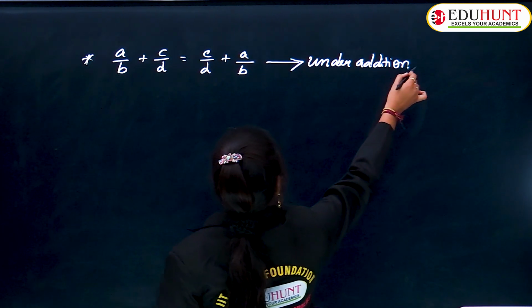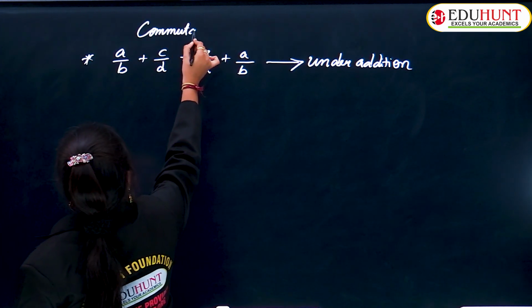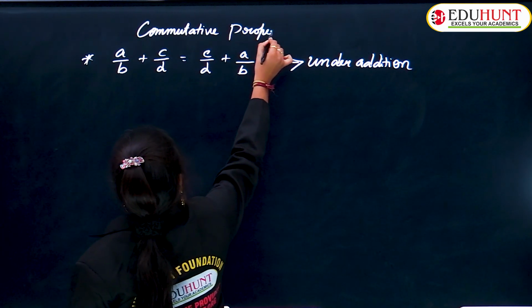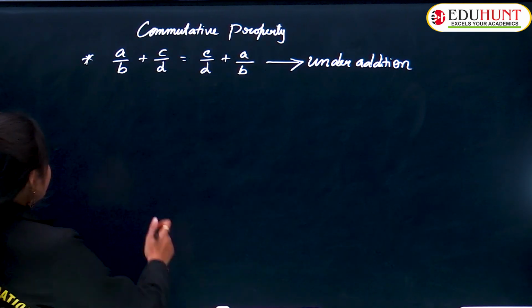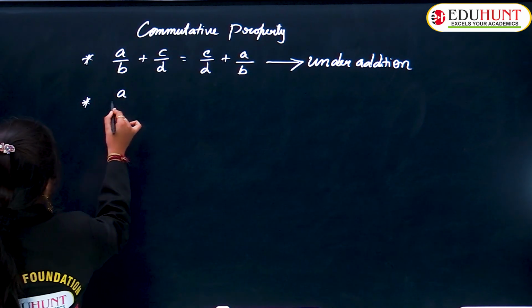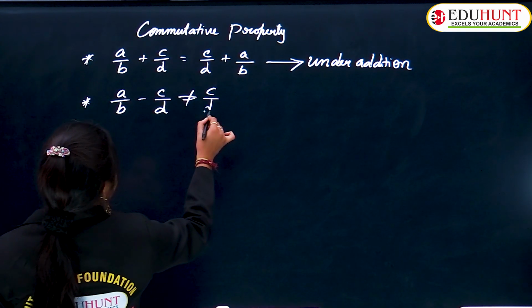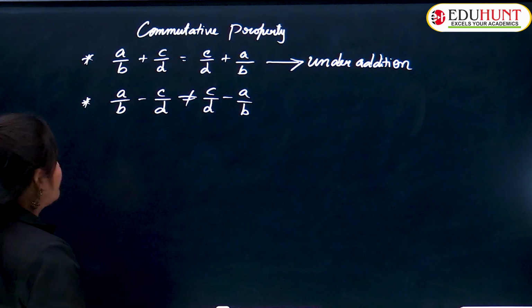Commutative property under addition. This is satisfied. Come to subtraction. Is it possible? A by B minus C by D is not equal to C by D minus A by B. Under subtraction, not possible.